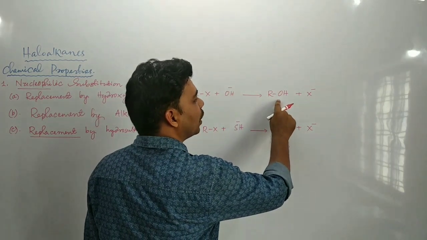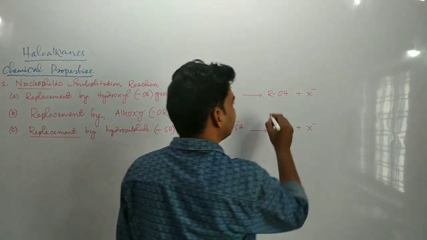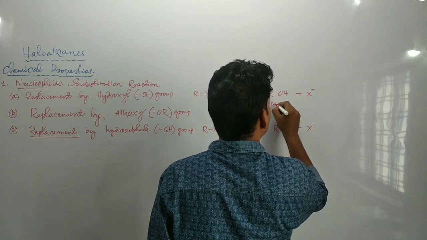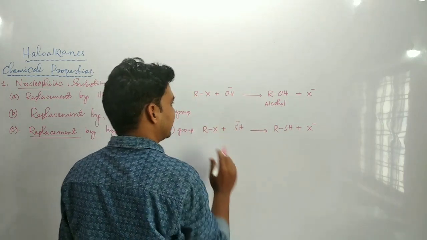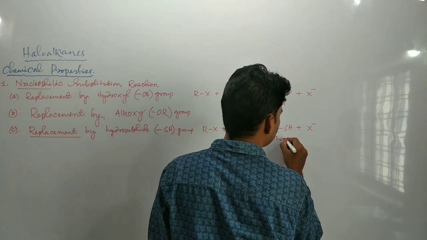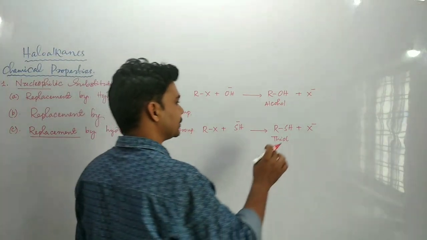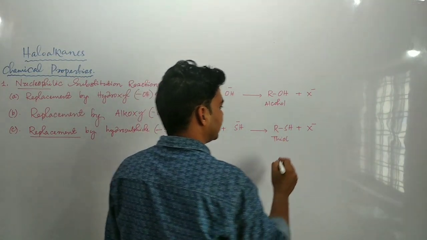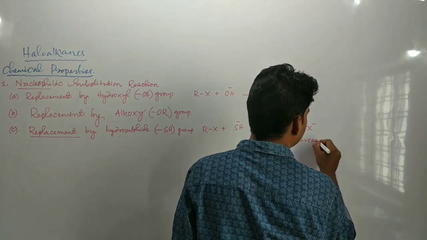This was alcohol, now it is thiol. It was alcohol when the nucleophile was hydroxide, but here the product is thiol. Or you can say this is mercaptan. In general terms, this is also called mercaptan.